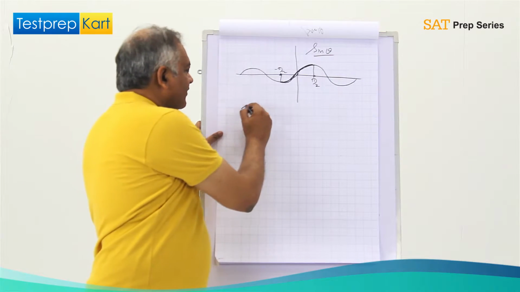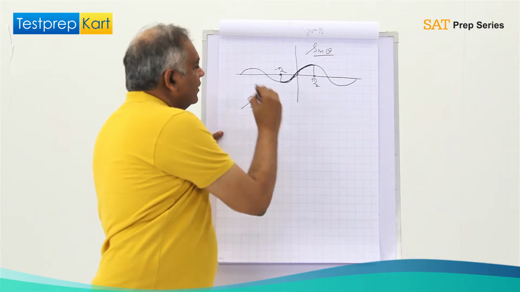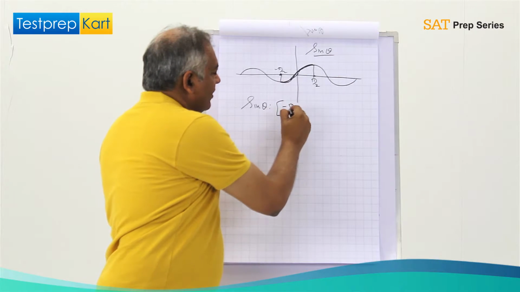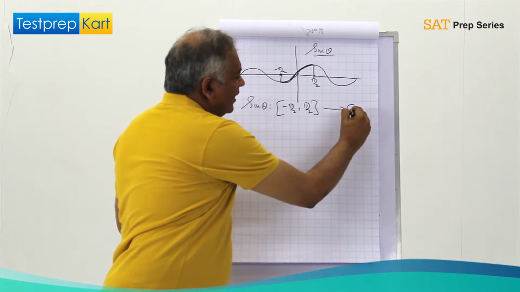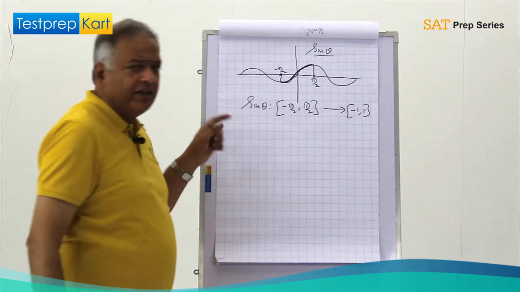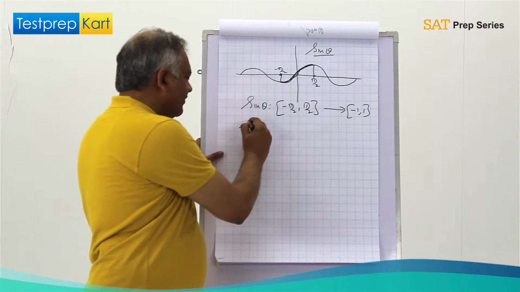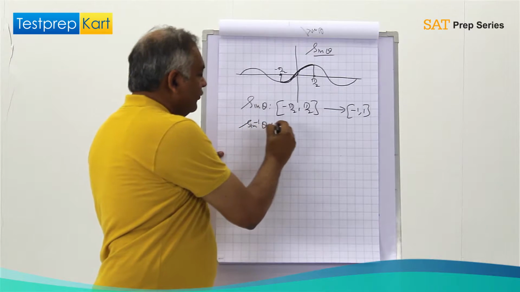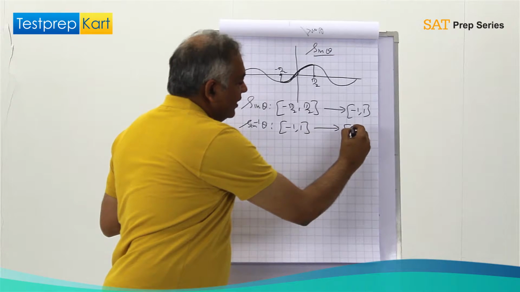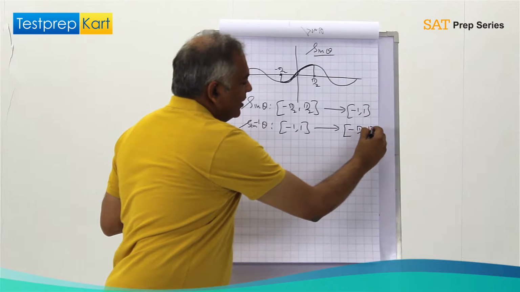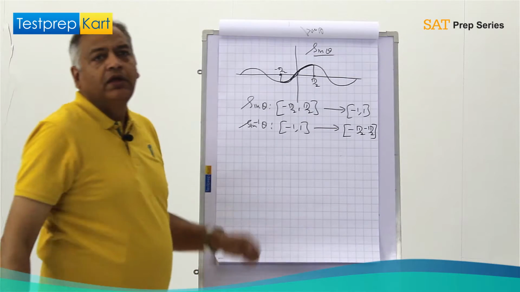And therefore, sine theta has domain negative pi by 2 to pi by 2 and it goes to negative 1 to 1. Whereas the inverse trigonometric function sine inverse theta is from minus 1 to 1 and then the range is minus pi by 2 to pi by 2.